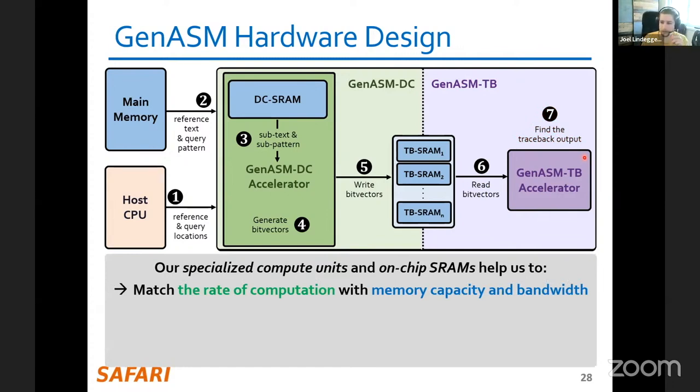What's interesting here, and this is the key benefit of making this a hardware algorithm co-design, is that we can match computation with bandwidth. If you consider a CPU, for example, a CPU has a fixed amount of memory bandwidth for a given DRAM configuration, and it has a fixed amount of computation.